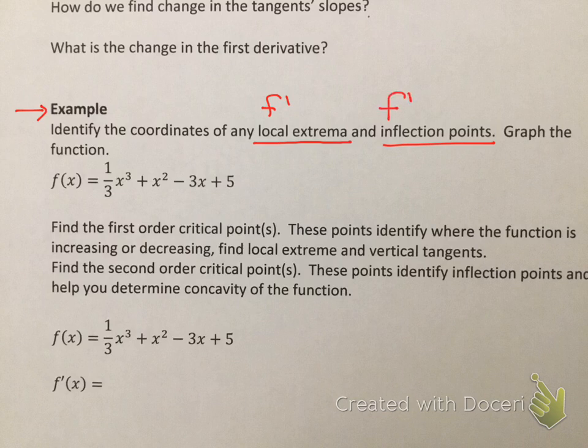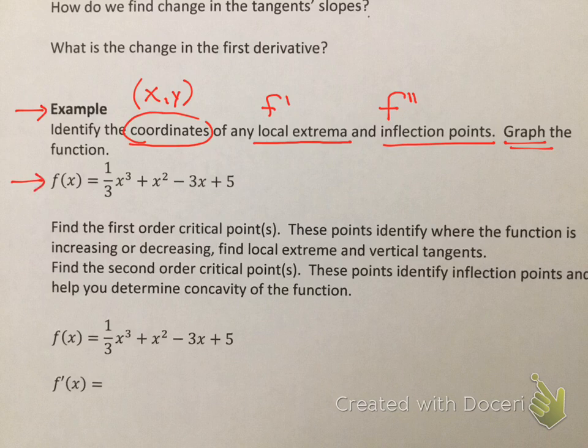And concavity I can determine by finding my second derivative. So I'm identifying xy coordinates of any local extrema and inflection points, and then I am graphing the function. Because remember, this section also discusses curve sketching in addition to concavity.